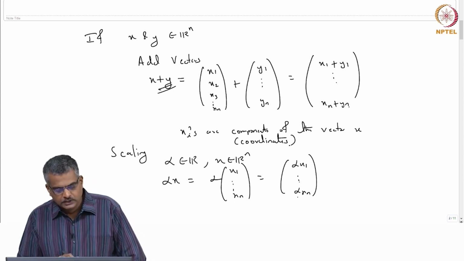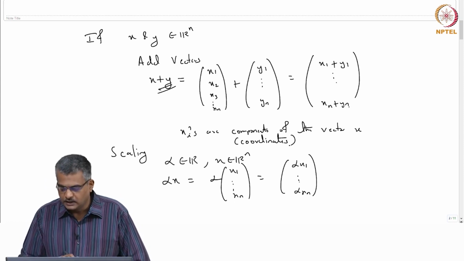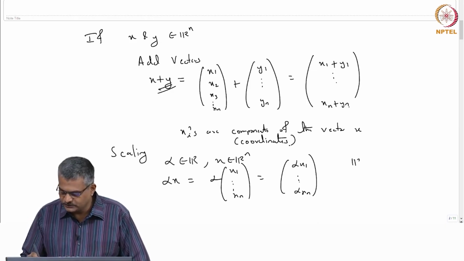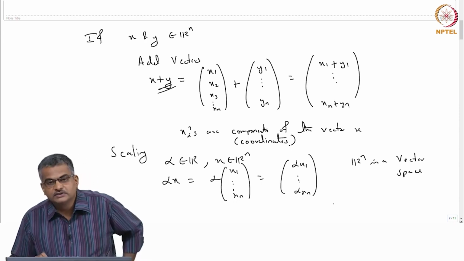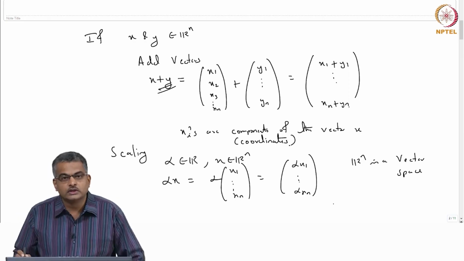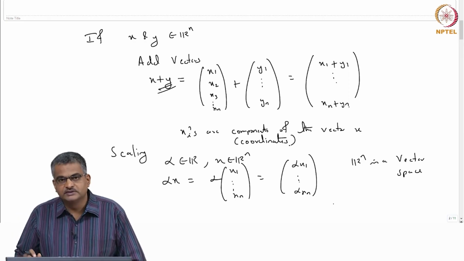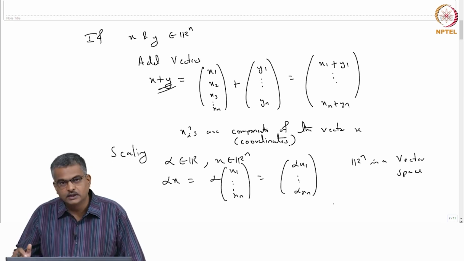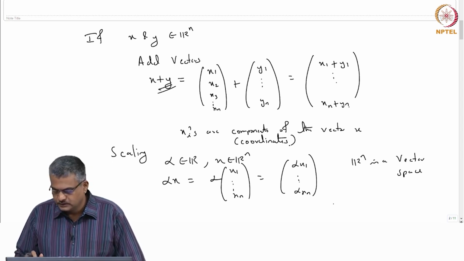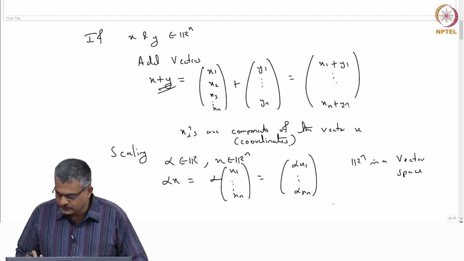So note that the Rn space is a vector space. You add vectors, it is closed under the operation of addition. When you add vectors, the resulting vector is also a vector in the n dimensional Euclidean space.